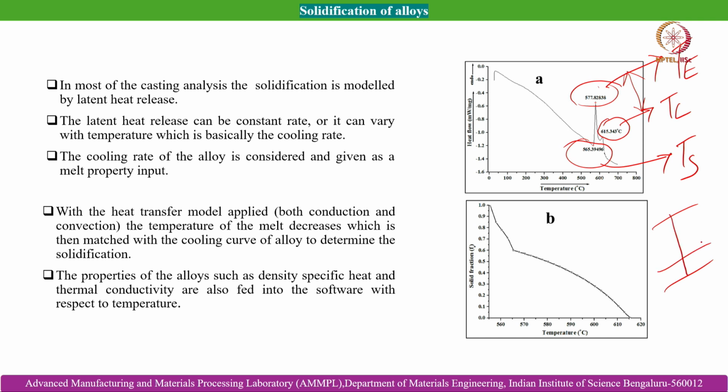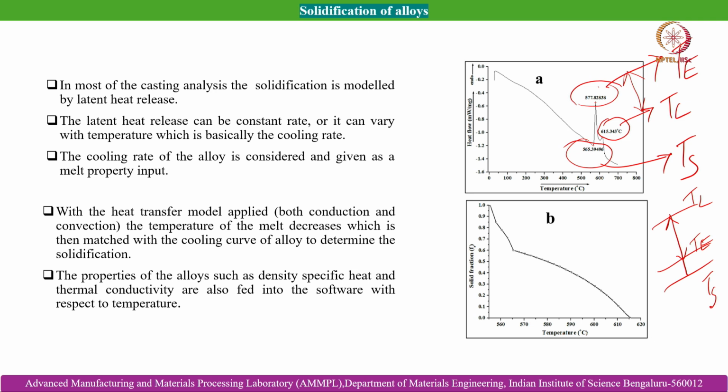This range should be restricted between TE and TL, otherwise the solid network becomes so rigid that flowability significantly drops, viscosity increases so high that feeding becomes very difficult, and that causes defect formation. So, basically this is the window between the eutectic and the liquidus temperature. We need to restrict to it, and accordingly we have done the same in this case study also.